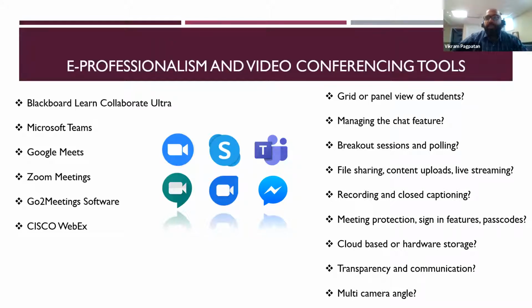So when we look at Blackboard Learn Collaborate Ultra, Microsoft Teams, Google Meet, Zoom Meetings, Cisco WebEx, and GoToMeeting software, are we looking at the different characteristics of the grid or panel view of students? How is it that you view the students in regards to the perception?